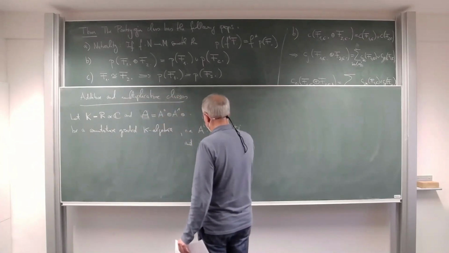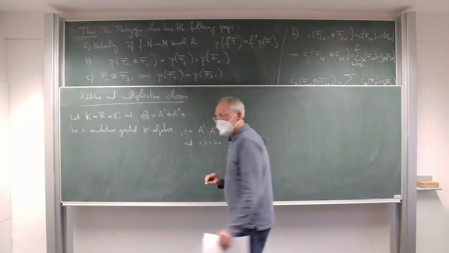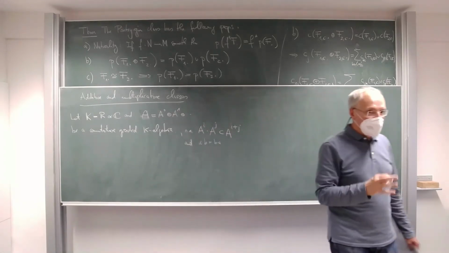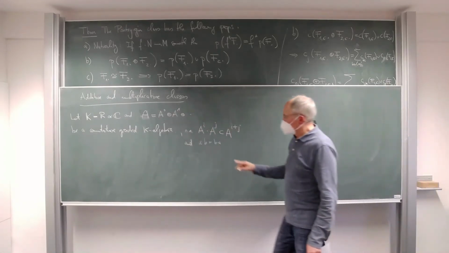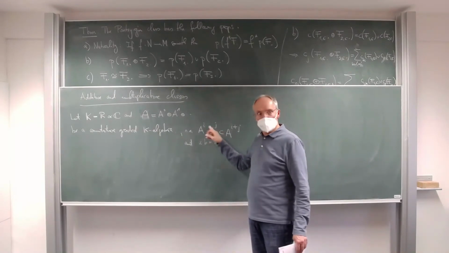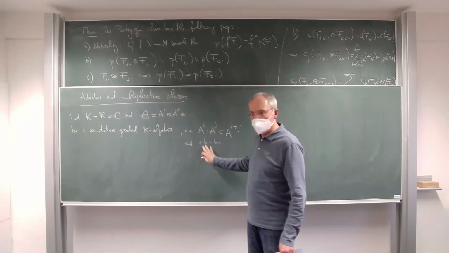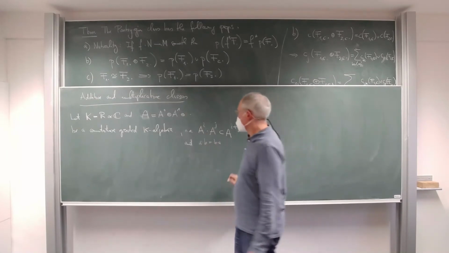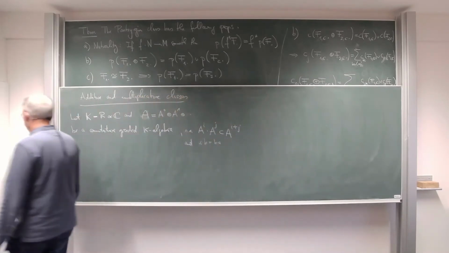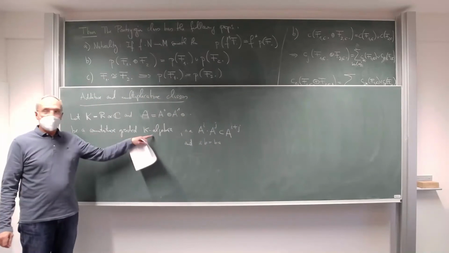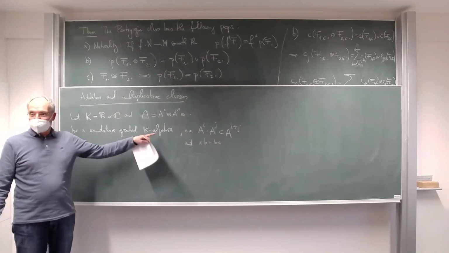So a times b is equal to b times a. You also have this concept of graded commutative, which would introduce a sign depending on the parities of these degrees. That's not what I mean. So I mean really commutative in the traditional sense. That's why I wrote commutative graded K algebra and not graded commutative K algebra.